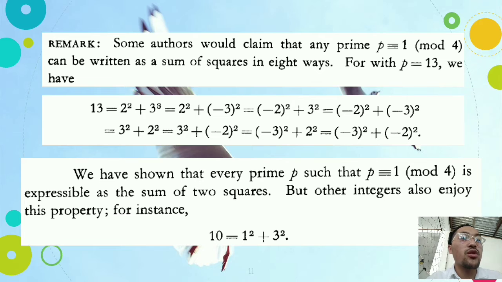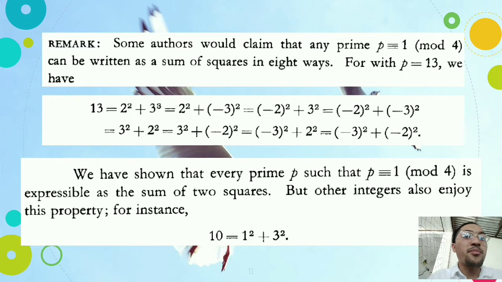And then we have 2 squared plus negative 3 squared, or negative 2 squared plus 3 squared, or negative 2 squared plus negative 3 squared. It can be 3 squared plus 2 squared, 3 squared plus negative 2 squared, negative 3 squared plus 2 squared, or negative 3 squared plus negative 2 squared.